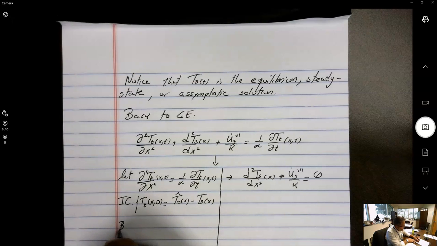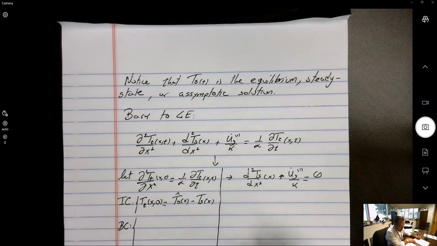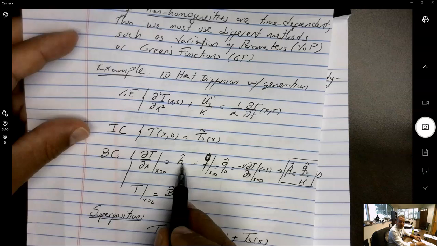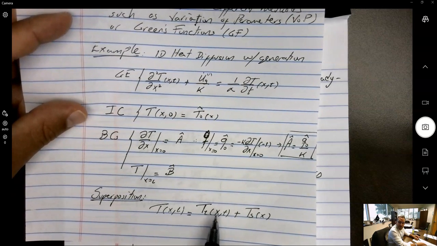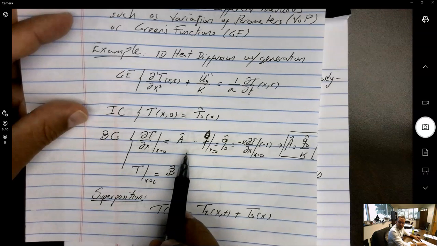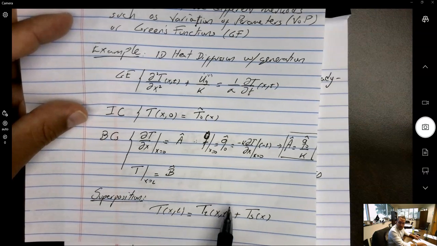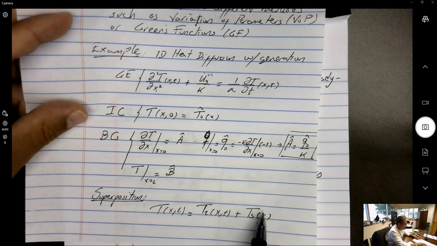The boundary conditions then, again, remember dT/dx is equal to A on the left. That means that the derivative of this one plus the derivative of this one should be equal to A. And what we're going to do is keep this homogeneous and pass the non-homogeneity to this one.